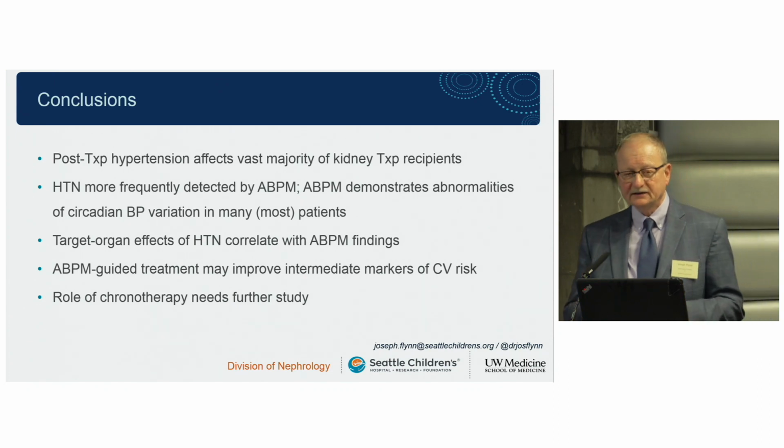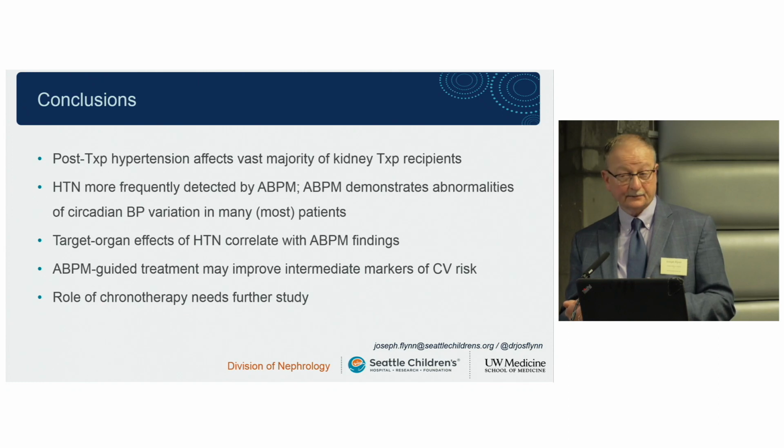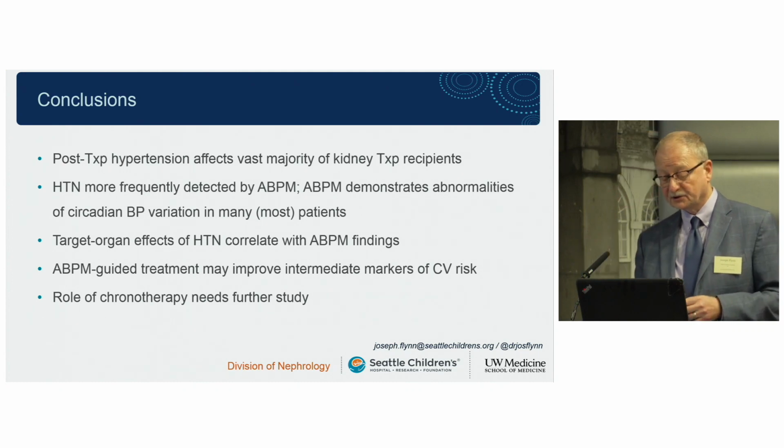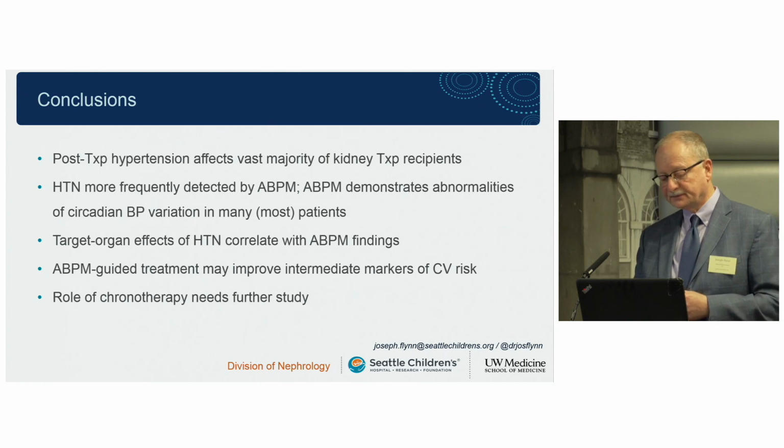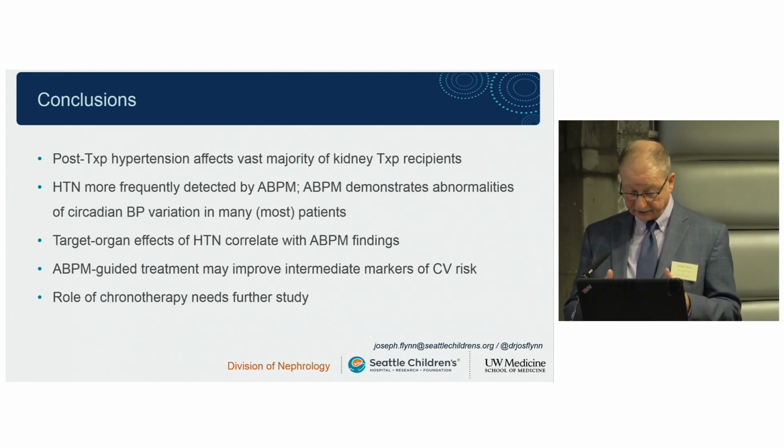We know that the target organ effects of hypertension correlate with ABPM findings, and these things include reduced kidney function and left ventricular hypertrophy, and that ABPM-guided treatment can improve some of these intermediate markers of cardiovascular risk.